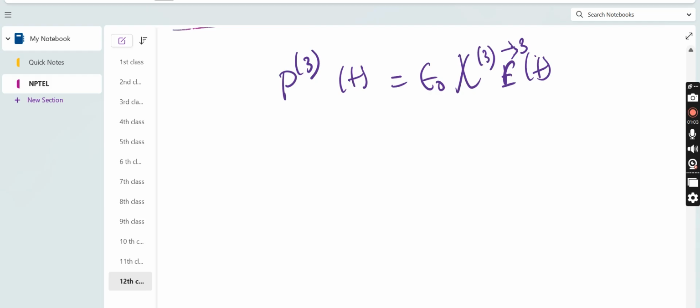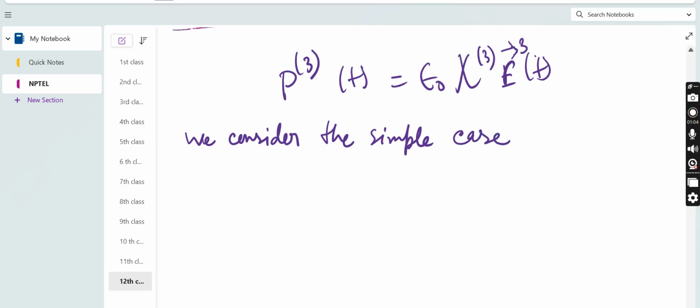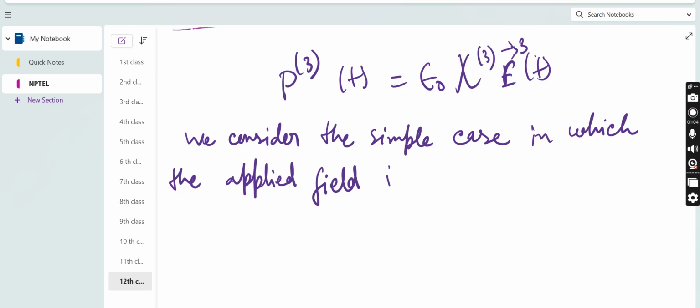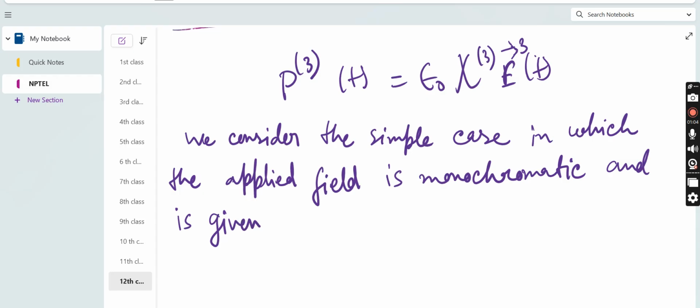We will choose that, but first we consider the simple case in which the applied field is monochromatic and is given as E(t) = E cos omega t.